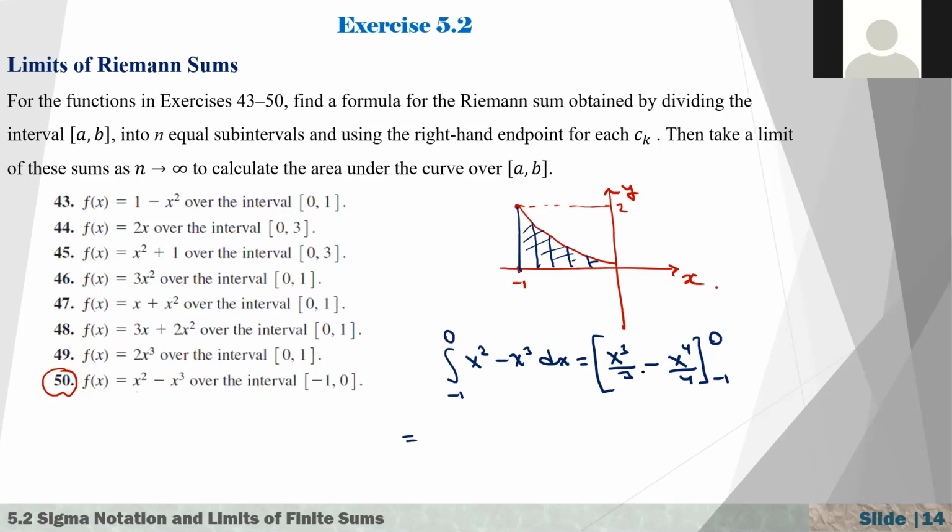When it is 0, both of them are 0 because they involve x, so it is 0 minus, the first one is -1 over 3, minus the second one is 1 over 4. Because of this minus, it is plus, so that's equal to (4 plus 3) over 12, that's 7 over 12, in units squared. That is the area.